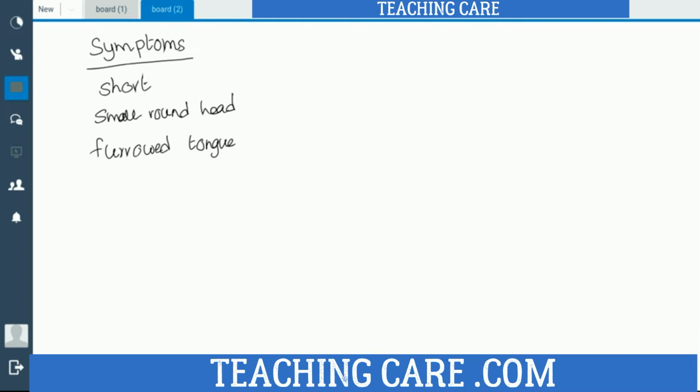Furrowed tongue means generally our tongue will be like this, but the person's tongue will be like this. And their brain is underdeveloped.